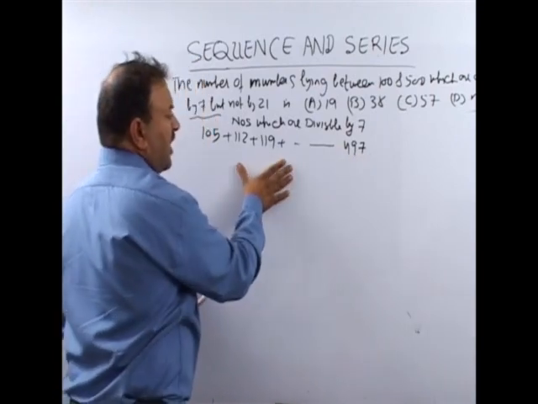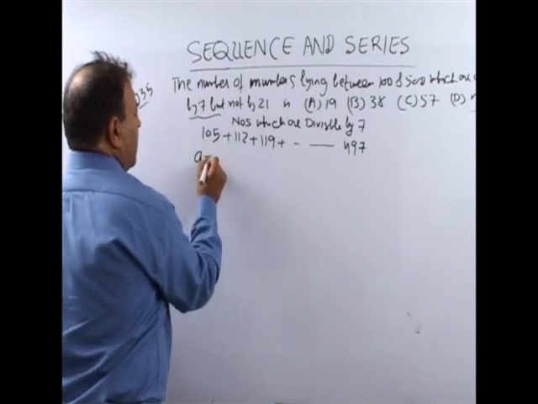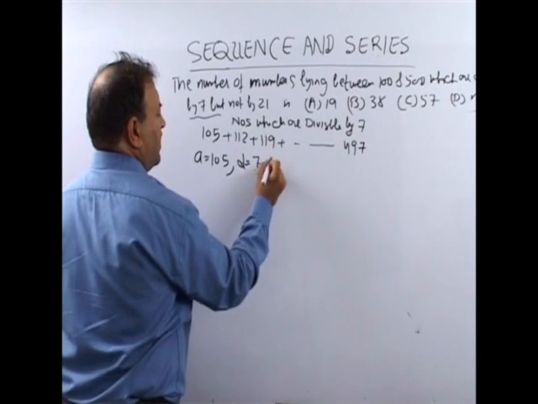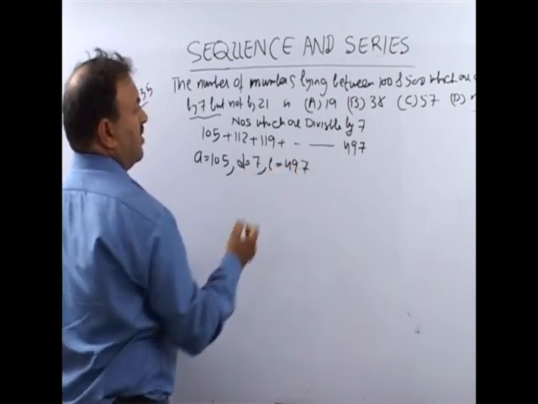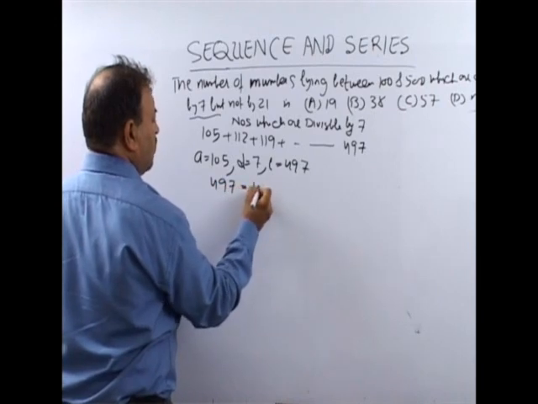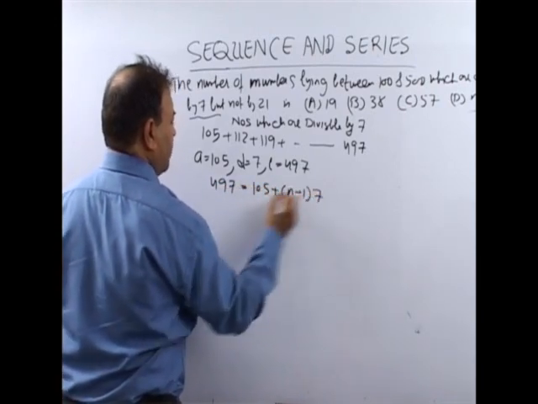So what do we have to find out? The number of these terms. The first term is 105, the common difference is 7, and the last term is 497. So 497 equals 105 plus n minus 1 into 7.